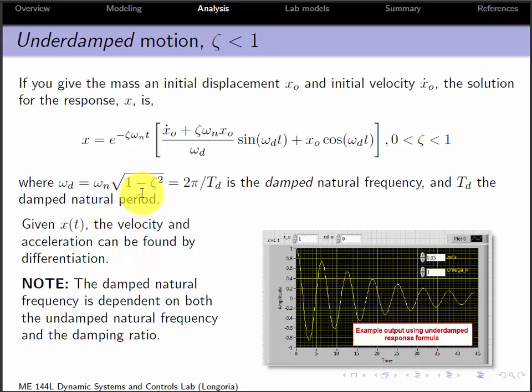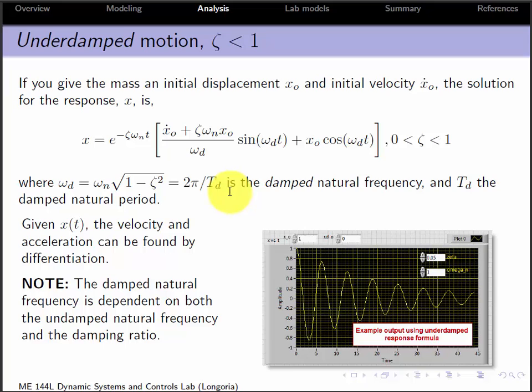It's related through this 1 minus zeta squared term. So if zeta goes to 0, that's just the undamped case. But zeta is making your frequency smaller for the underdamped case. And this also defines the damped period here. So make note of those two terms.